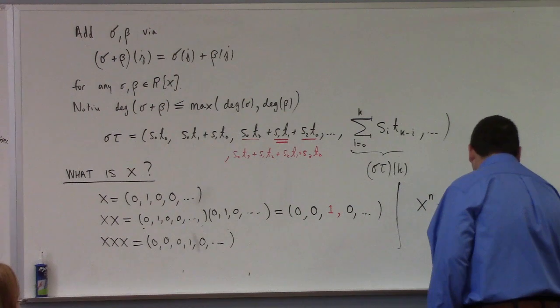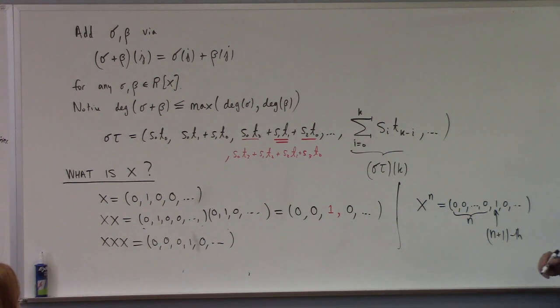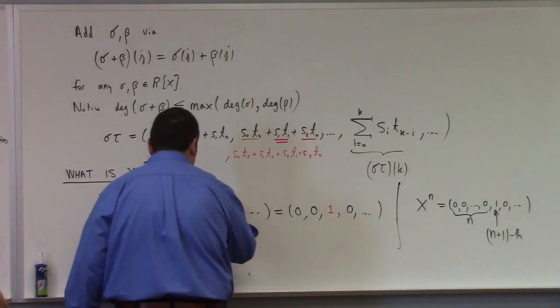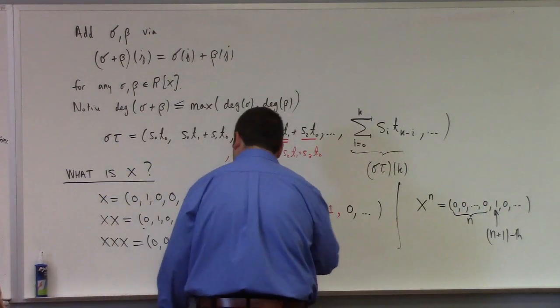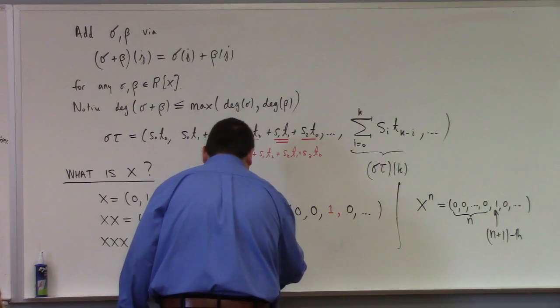Do we have a name for this? Well, in finite dimensional linear algebra, if the zeros didn't go on and on, what would we call it? We'd call this just what? E sub what? I mean, this is E2, right? This is E4.